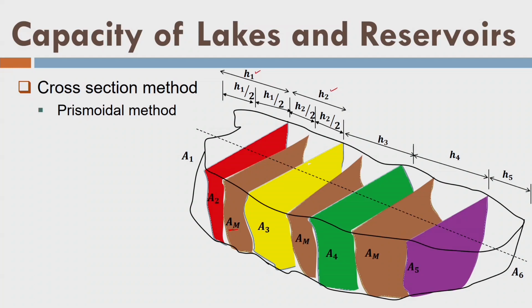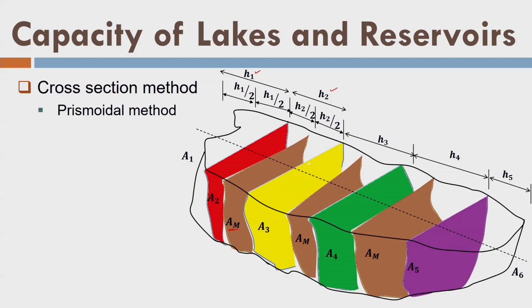So with respect to the middle area, I have the first area as well as the end area. That means I have observed the cross section areas of the two sections which are adjacent to the middle area. So basically I observe A1, A2 and so on. Then we calculate the middle cross section areas by an interpolation scheme. So let us say we have complete data with us and I want to use the prismoidal method.